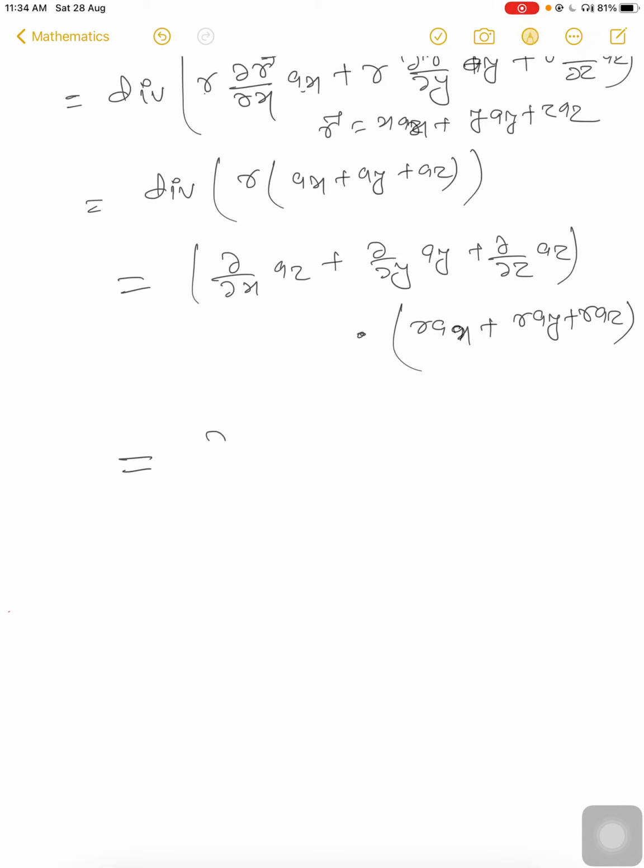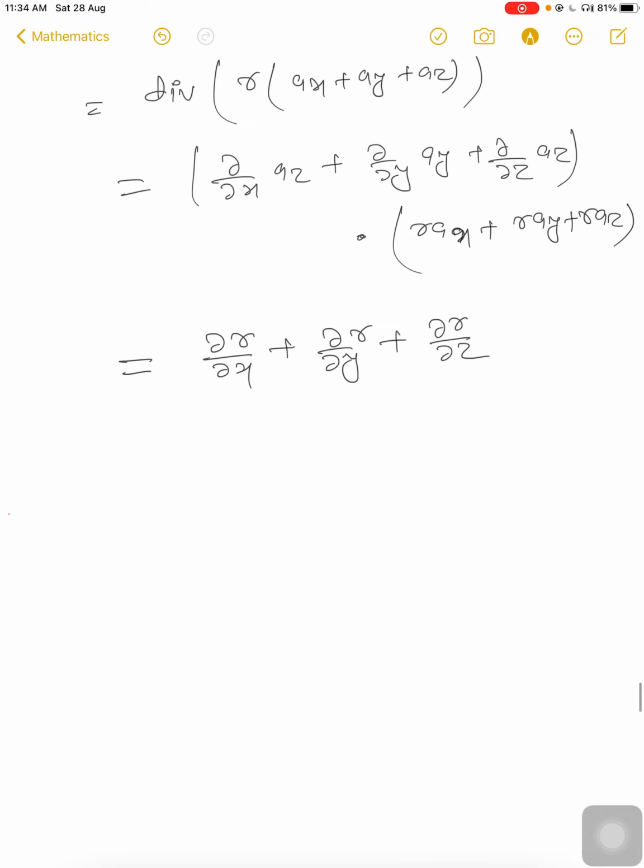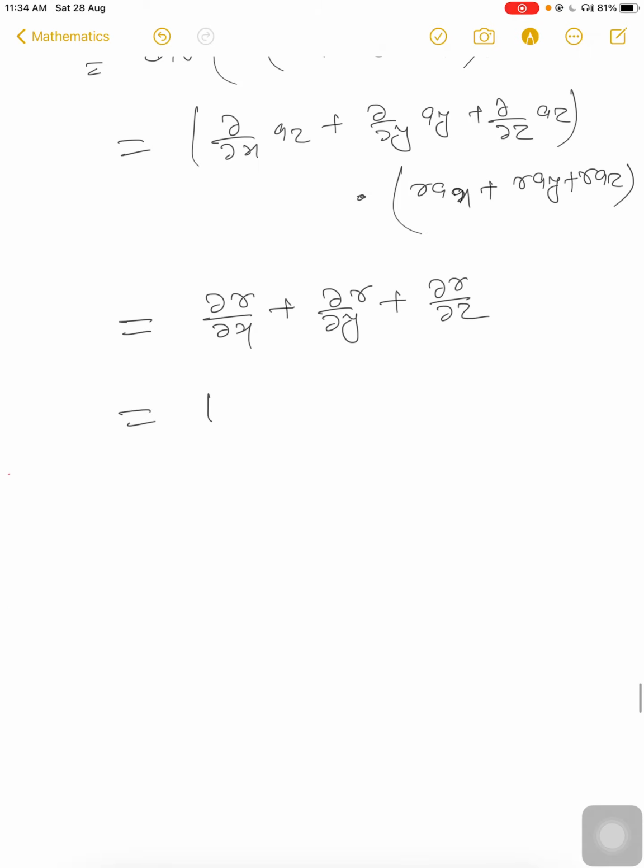Then after divergence, what will happen? Del r upon del x plus del r upon del y plus del r upon del z. So you will get 1 plus 1 plus 1.